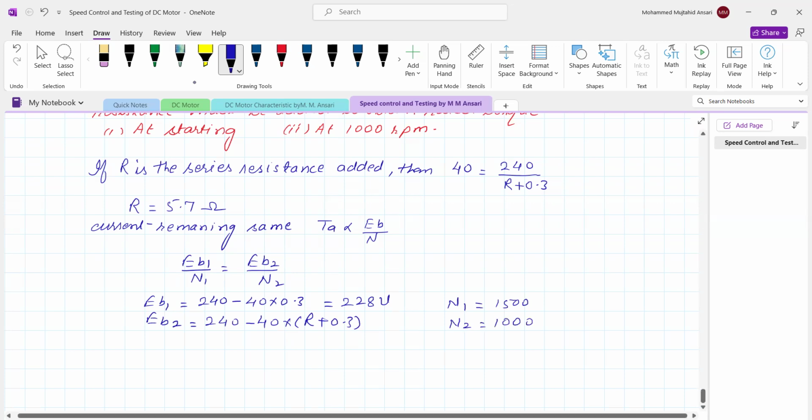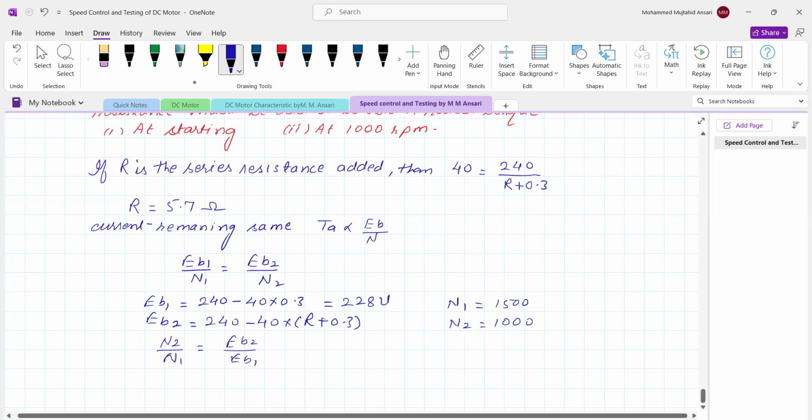So we can use the ratio which we have already used in most of the numericals, N2 upon N1 is equal to EB2 upon EB1.